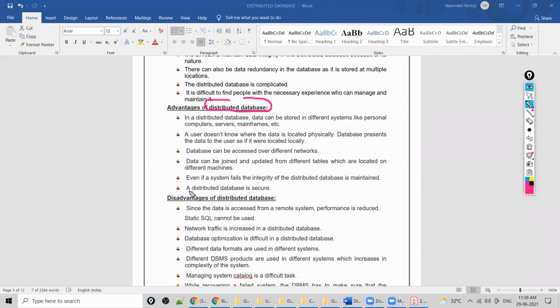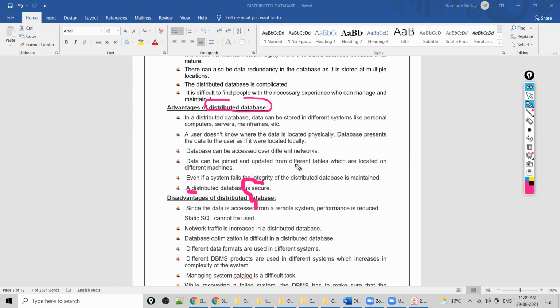Next, a distributed database is secure. Another one, data can be joined and updated from different tables which are located on different machines. These are all advantages of distributed database.